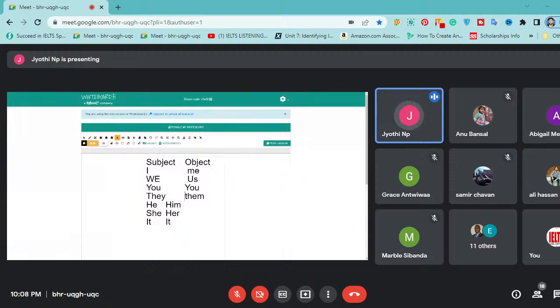Suppose we're using they, then the object is them. He, the object is him. Then she is her. Then it is it. So this is the way we use the subject and the object pronouns.